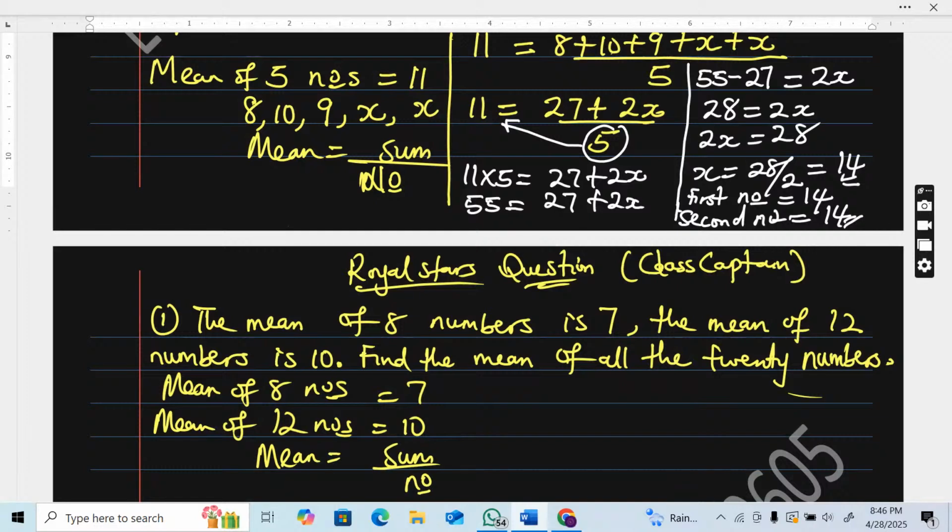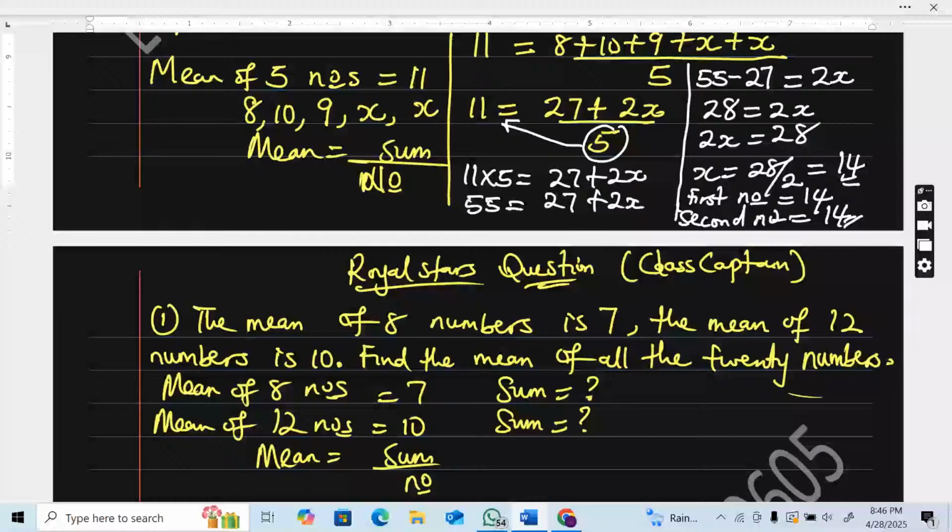So number will be replaced with 8, mean will be replaced with 7 for the first one. You find the sum. For the second one, mean of 12 numbers is 10. What is the sum? Write it out. Then once you get the sum, you add the sum of the first one to the sum of the second one. Then you divide by 20, because altogether that would be 20 numbers.